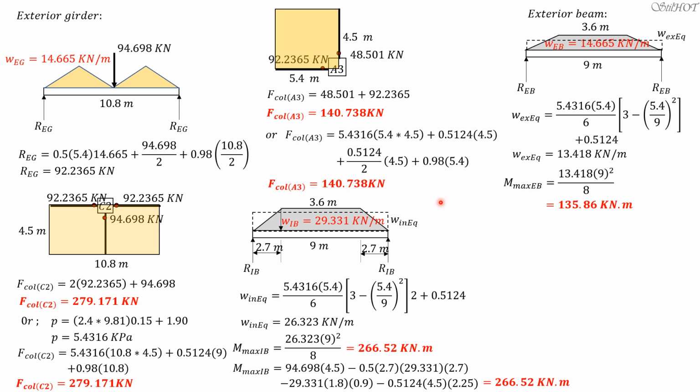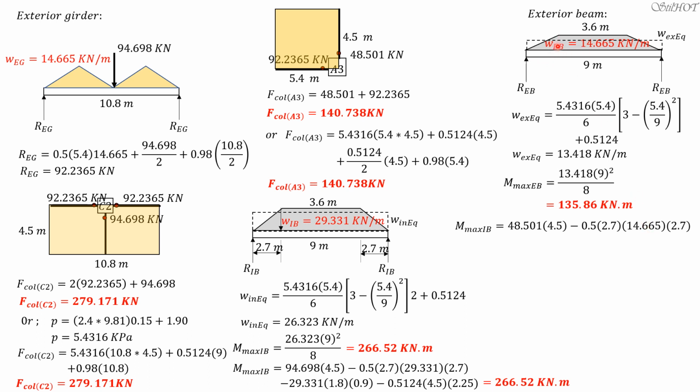Then for the exterior girder, I need to compute the maximum moment. But before that, let's compute the moment at the center of an exterior beam based on its loading. It is REB, 48.501 times 4.5, minus the moment of the triangle, which is 0.5 times 2.7 times 14.665.